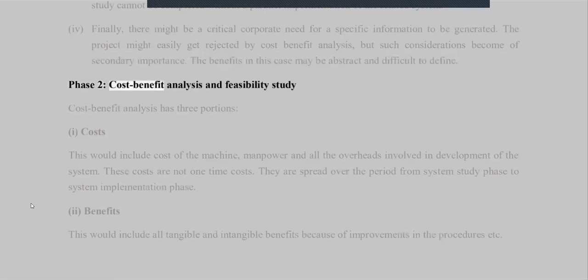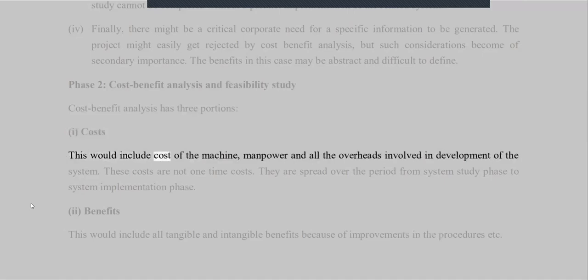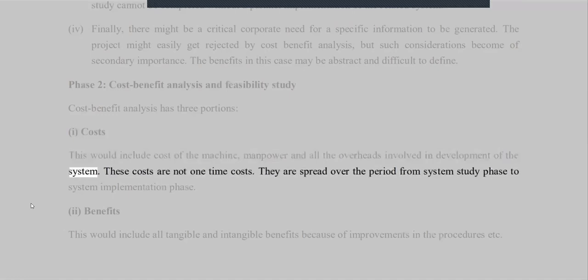Phase 2. Cost-benefit analysis and feasibility study. Cost-benefit analysis has three portions. 1. Costs. This would include the cost of the machine, manpower, and all the overheads involved in development of the system.